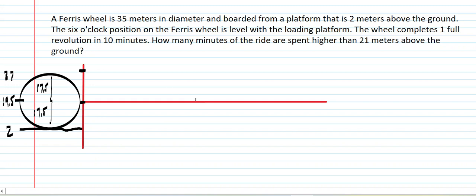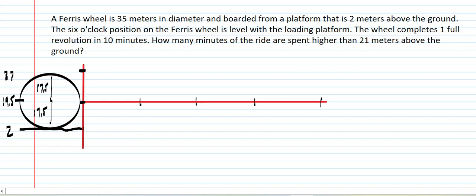Let's divide our graph into 4 equal sections and decide how we want to graph this. Now, the 6 o'clock position on the Ferris wheel is level with the loading platform. So the 6 o'clock position down here is level.